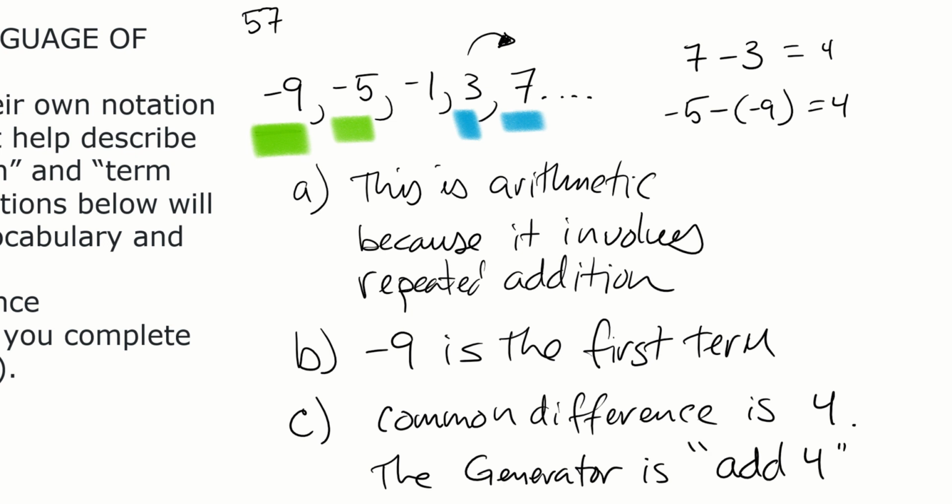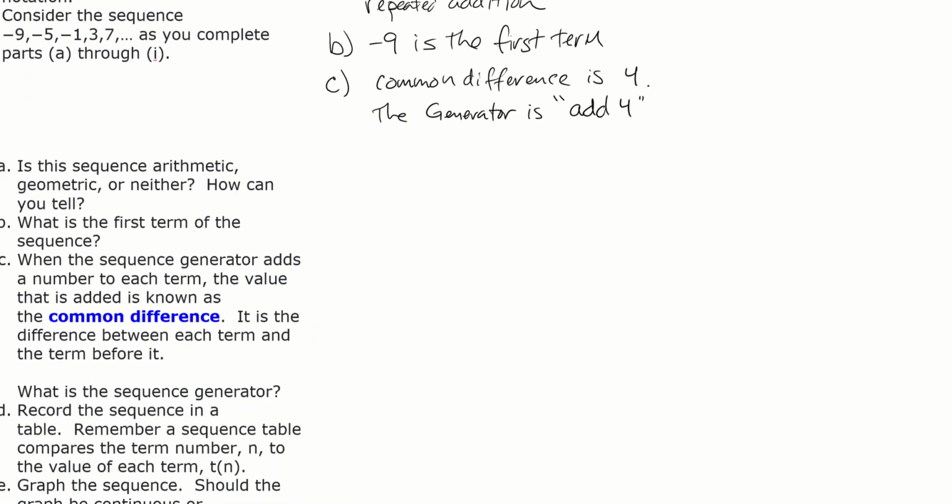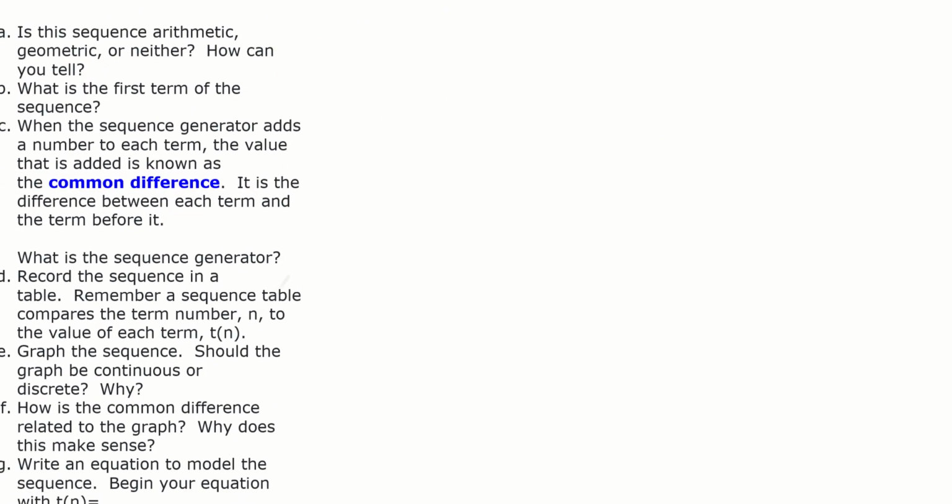A generator, remember, is both an operation and a value. So we continue to add 4 to generate this sequence. So that's A, B, and C.